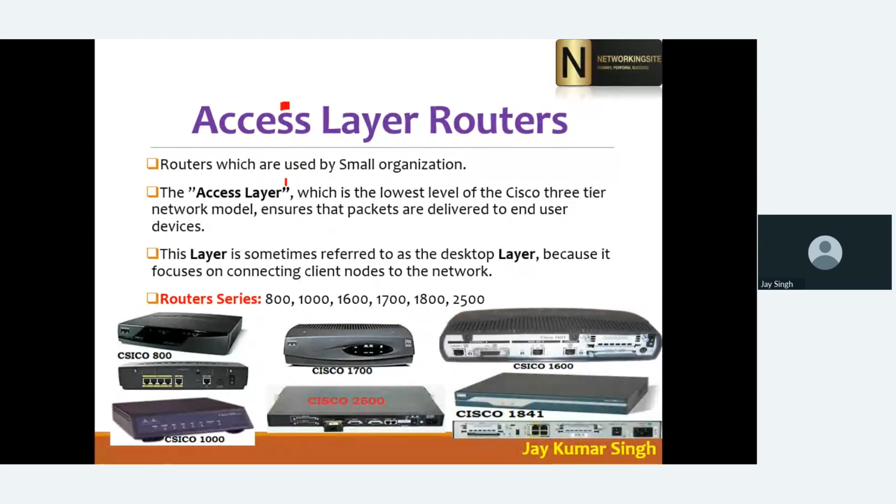Access layer routers also perform routing and path manipulation, but they work only with limited users. You cannot use them for a large organization, because these routers cannot support heavy traffic. They have low RAM and low processing power.